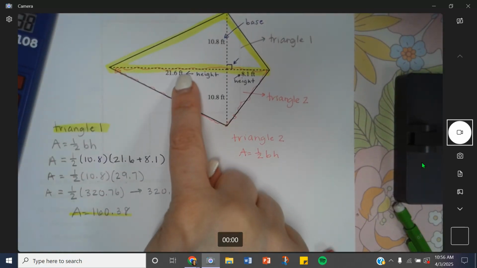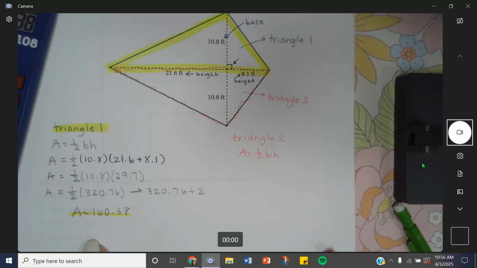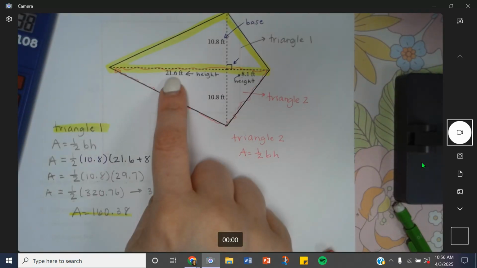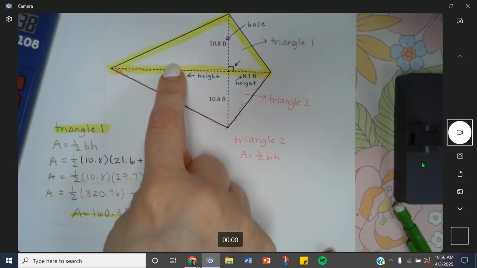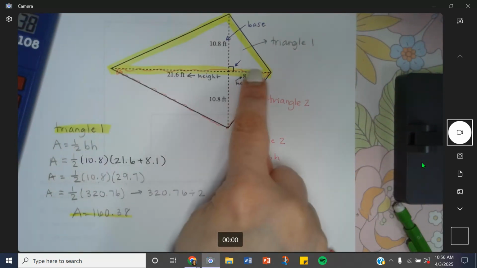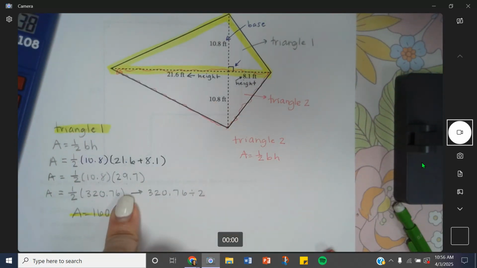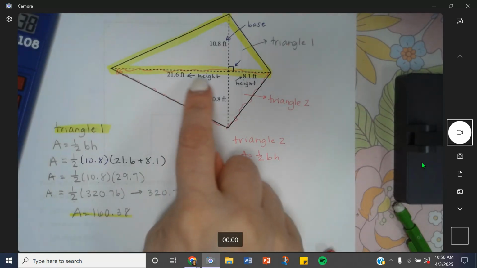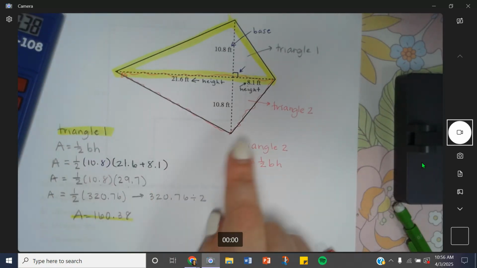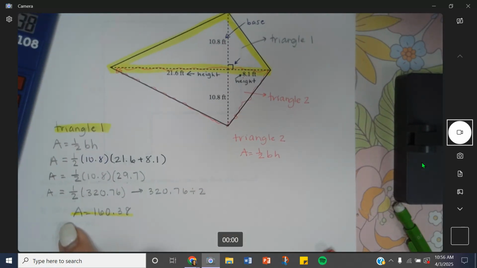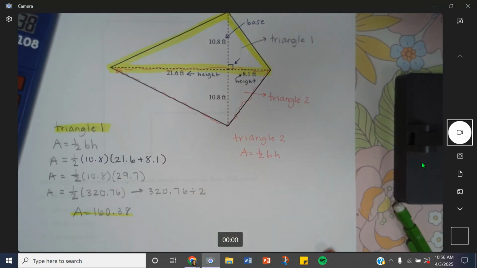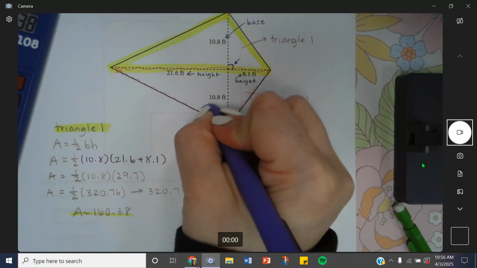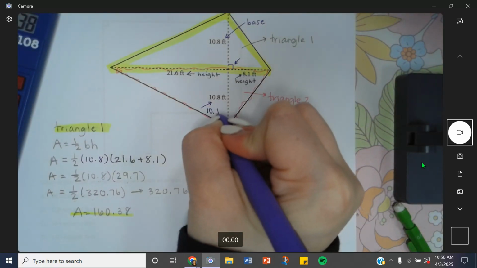We have a height, let's say, of 21.6 and 8.1. Because the yellow and the salmon triangle share that same line, we can say that this is the height of the salmon colored triangle, which would mean that this line right here is our base, a base of 10.8.